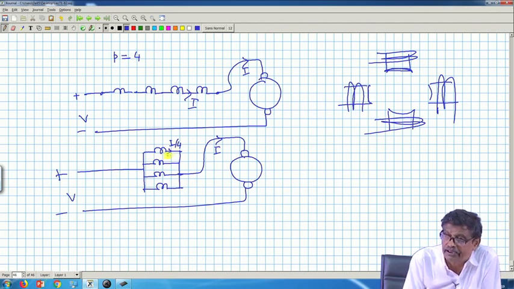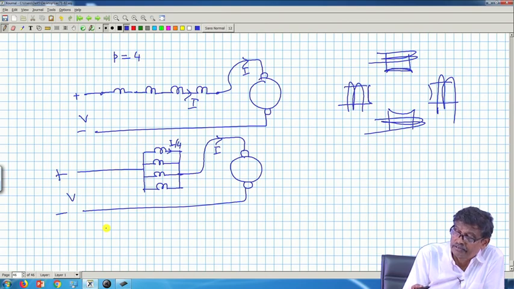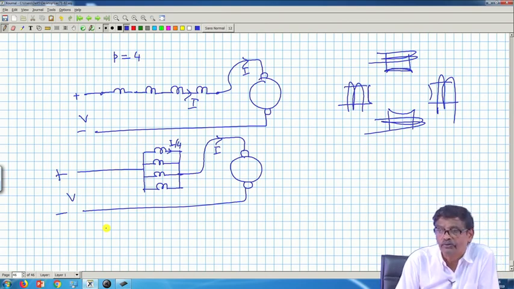There is no back EMF here, only resistances. So, flux per pole compared to this is reduced by a factor of 4.